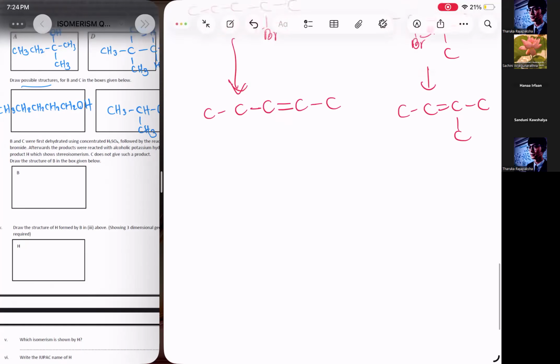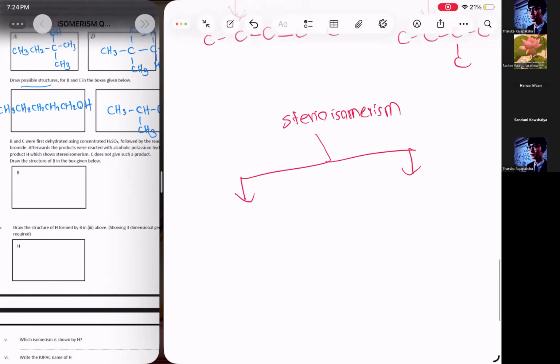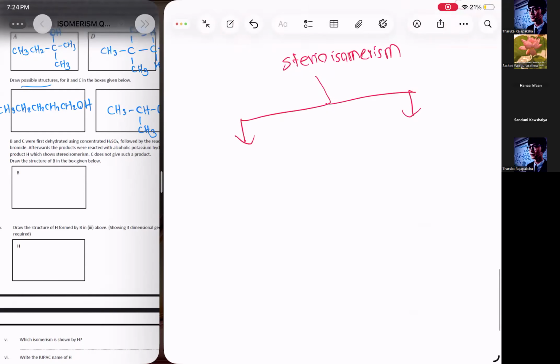Let me go through that part briefly. Stereoisomerism is of two types. What are they? What are the two types of stereoisomers? Enantiomers and geometric isomerism, or we call them diastereomers.